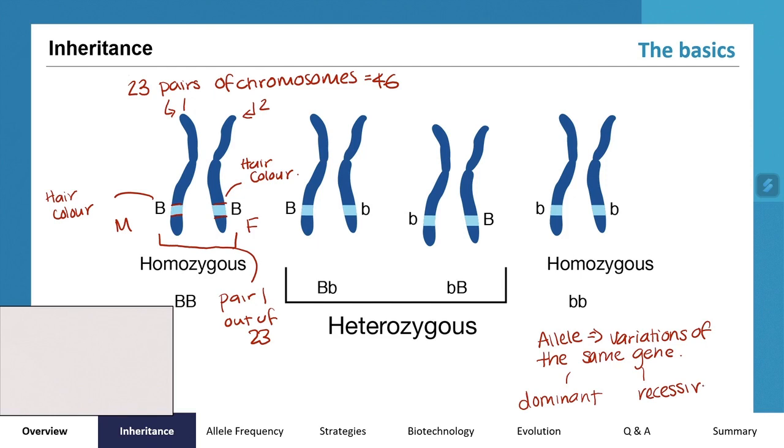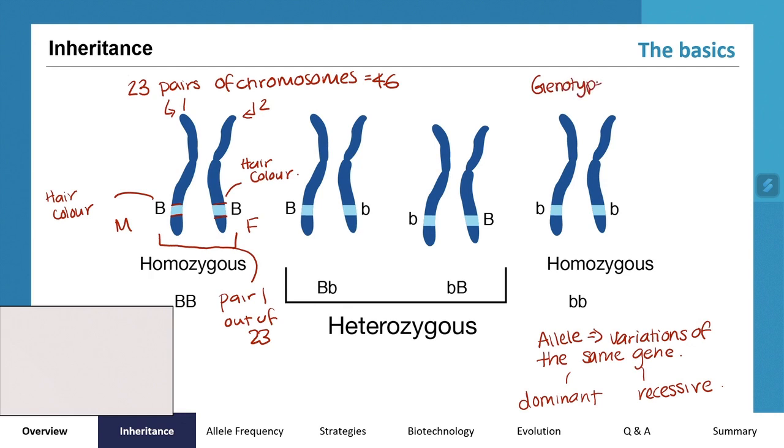The way that works is if you inherit a copy of the dominant gene from your parents, that is the gene that gets expressed physically. The recessive gene will only be expressed if you inherit 2 copies of a recessive gene from your parents. The combination of alleles that you may have make up your genotype.